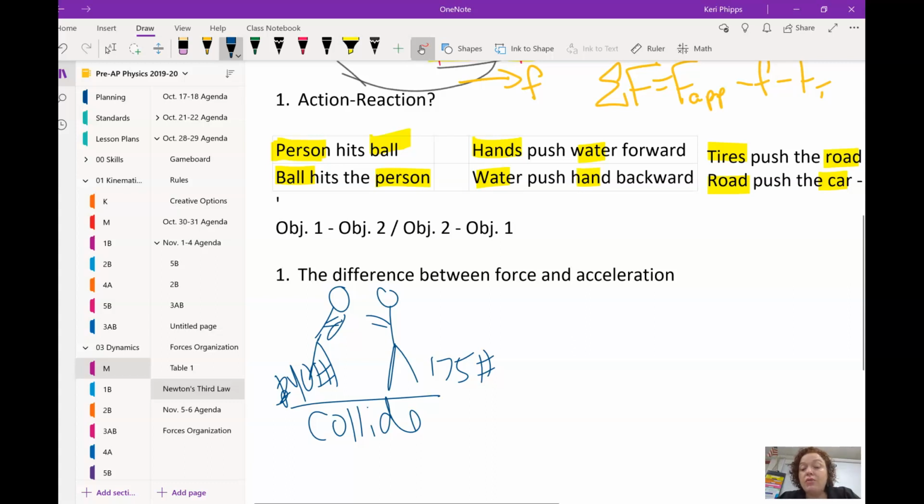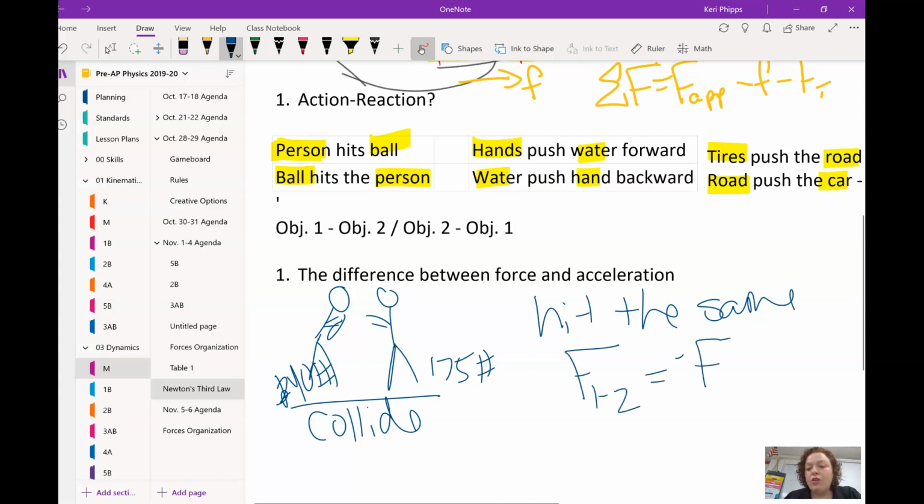The answer is they hit the same, because of equal and opposite reactions. The force of person 1 on person 2 is equal to the same force of 2 on 1.